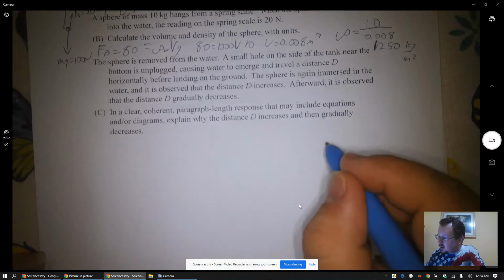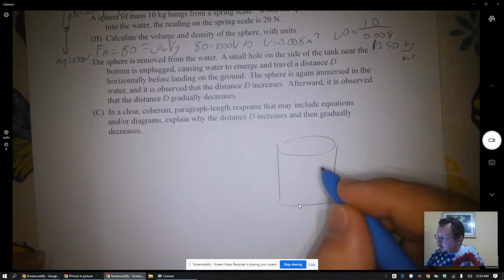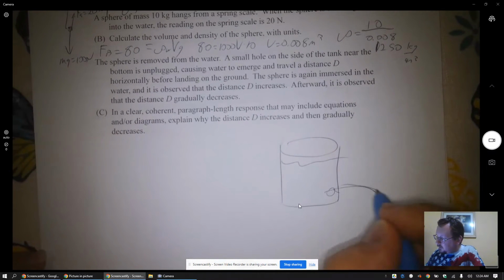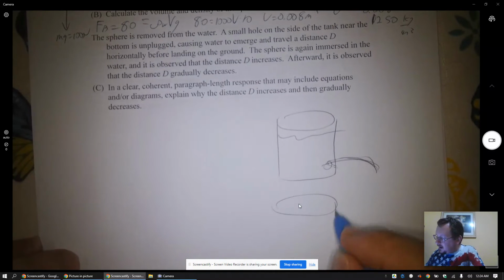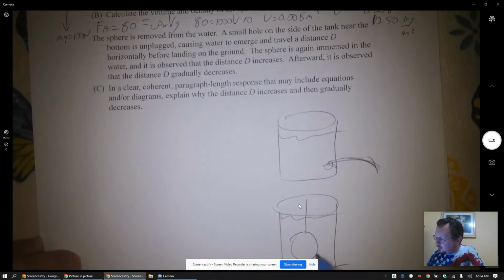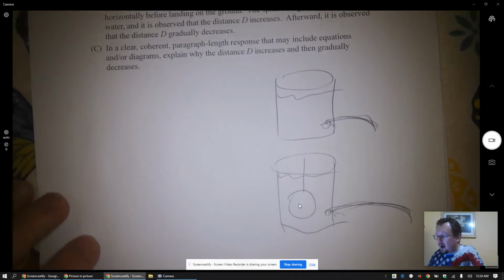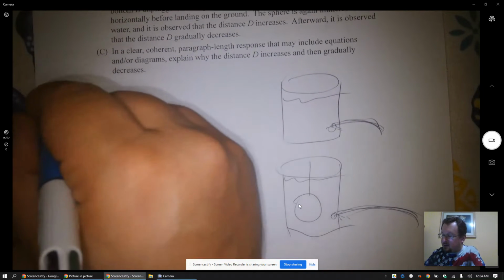Okay, so let me draw what I'm to understand here. Here's the water coming out, but then the sphere's in the water, so the water is going to come out even farther, right? So why is that? Well, there's two things you can say.